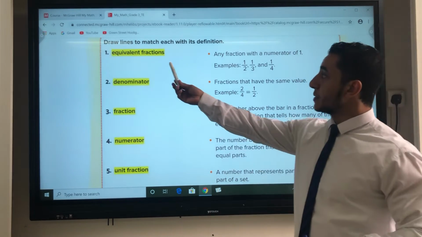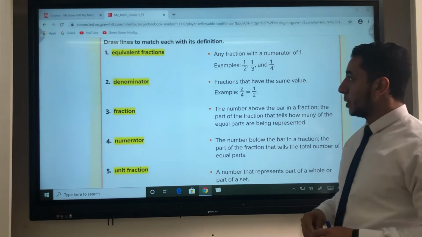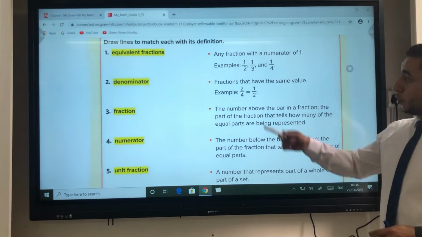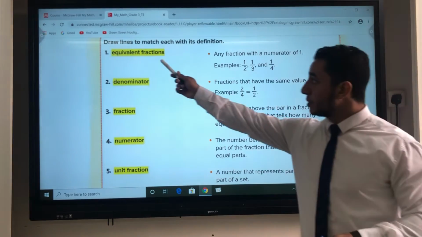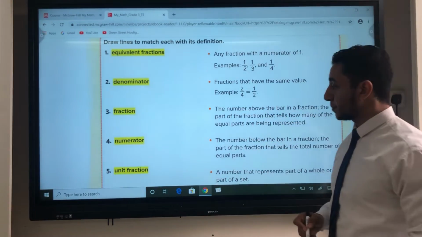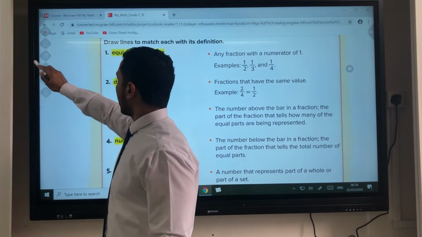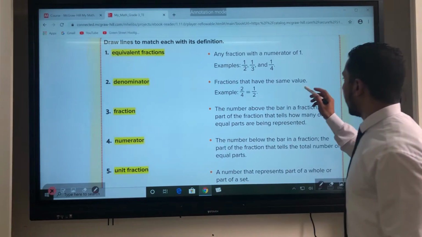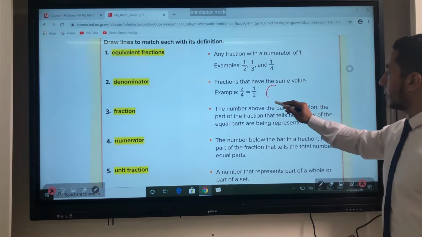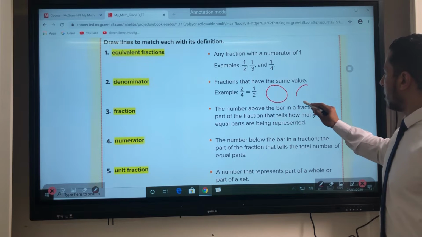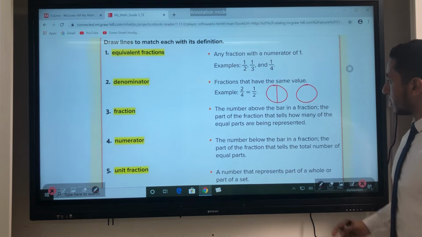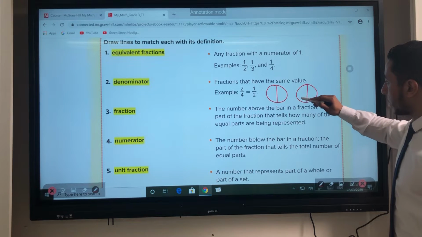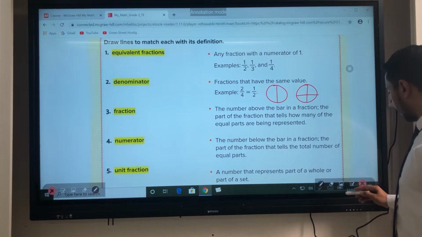Good. First one is equivalent fraction. For example, if we have 2 circles, the first one divided into 2 equal parts and the second divided into 4 equal parts.